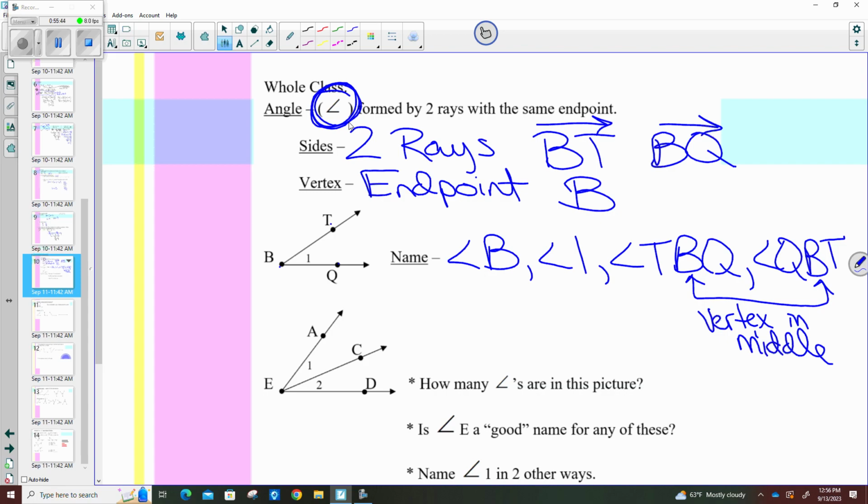Now you're probably saying, why would I name it with 3 letters when I could name it with 1? So I look at the next picture and I ask you, how many angles are in that picture? I heard 2. And I hear 3. So those 2 people can't tell me why. Somebody else tell me where the 3rd one is, because how could she see 3? They only saw 2.